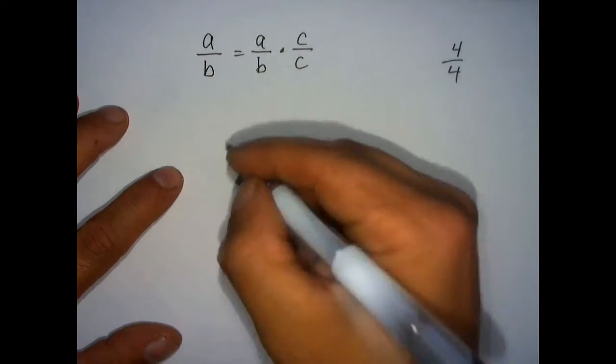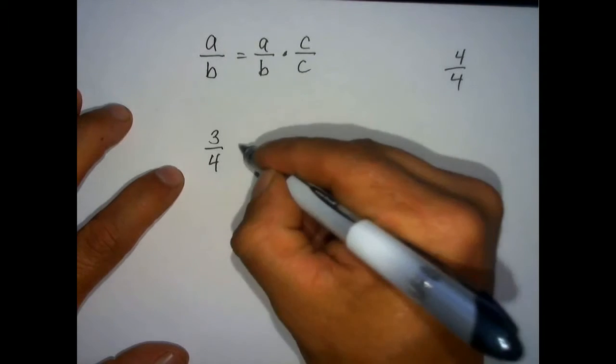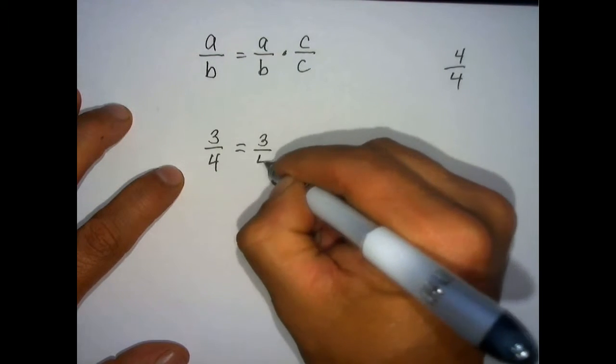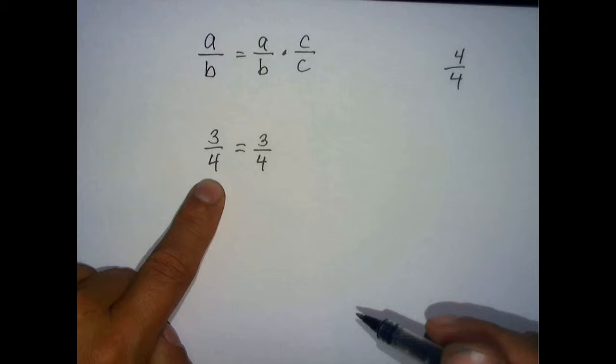So let's say I have 3/4, and I want 3/4 to be written with a denominator of 16. So what do I multiply 4 by to get 16? Itself. 4. Yeah.